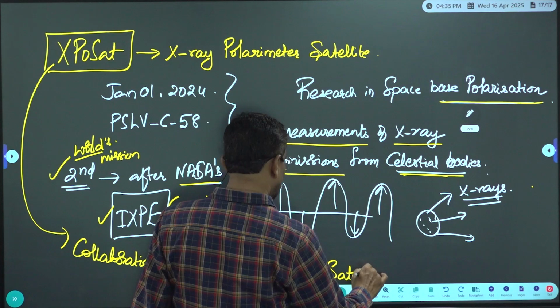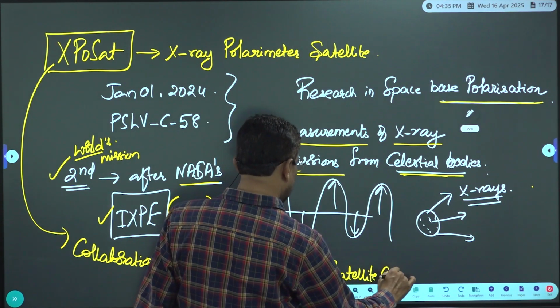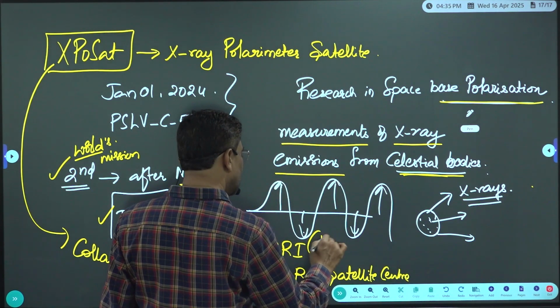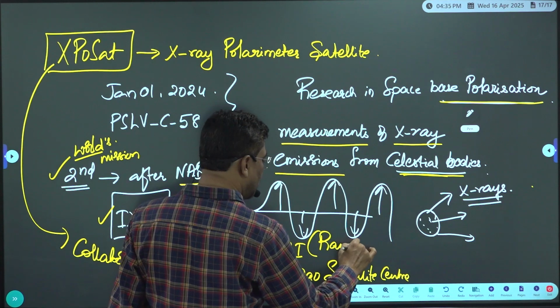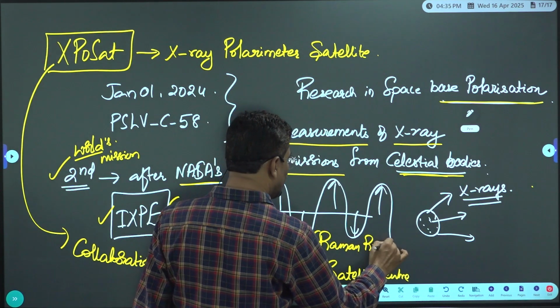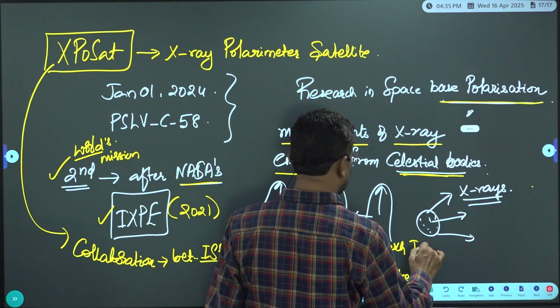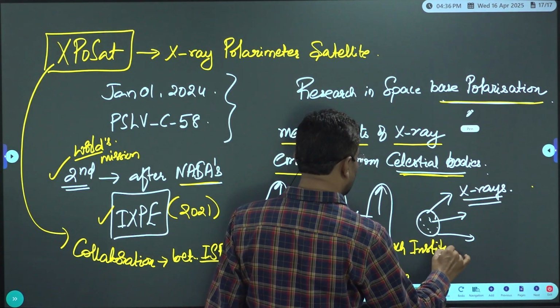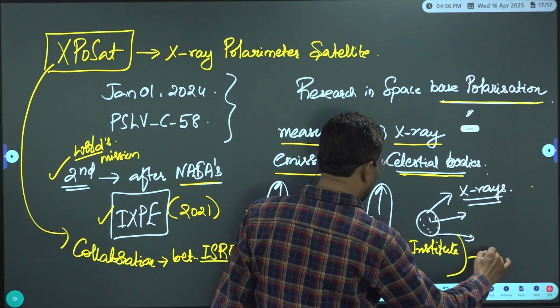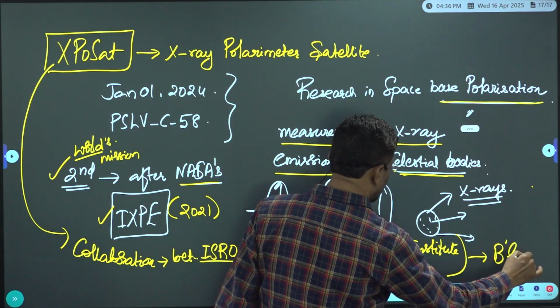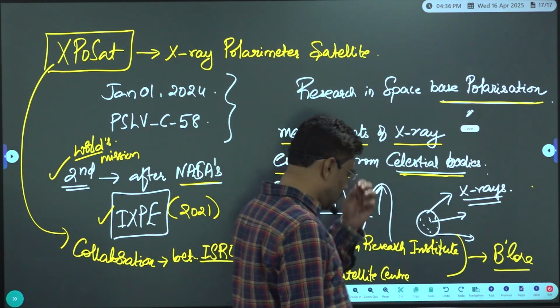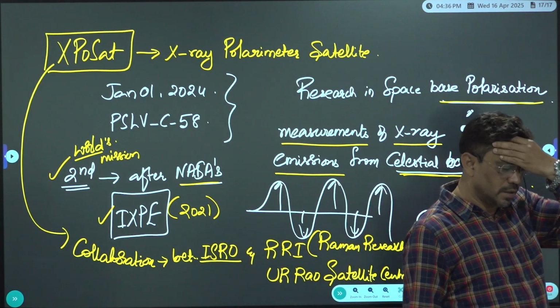RRI means Raman Research Institute, which is in Bengaluru, and the U R Rao Satellite Center.